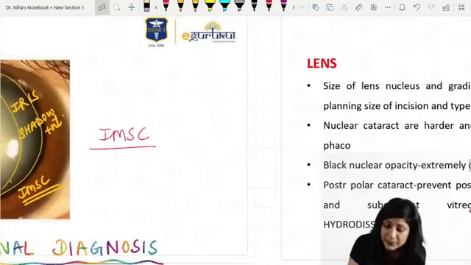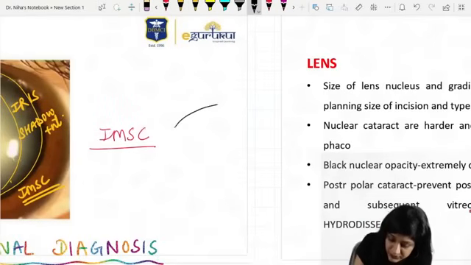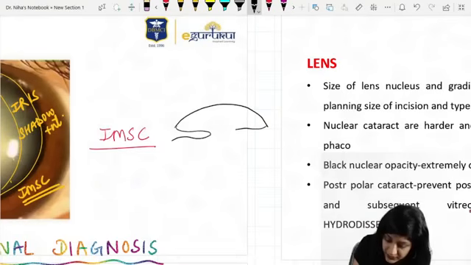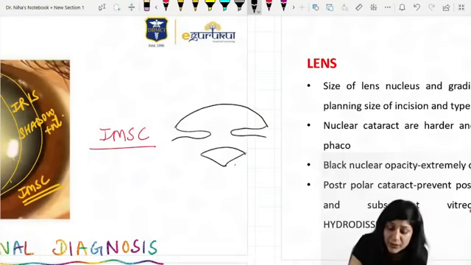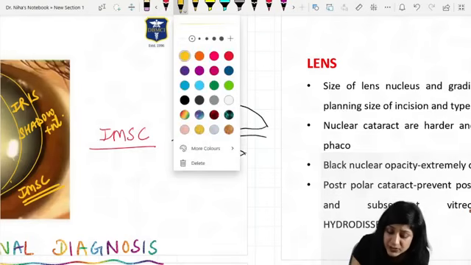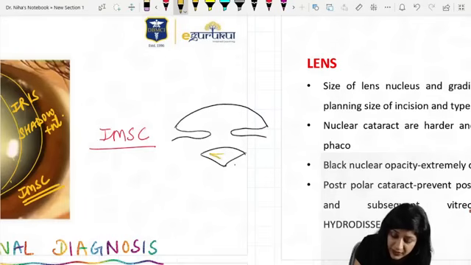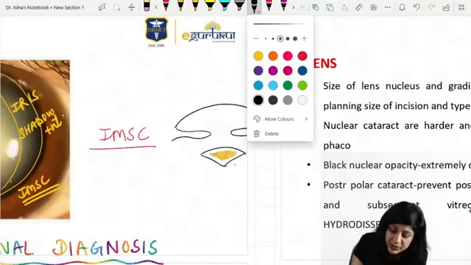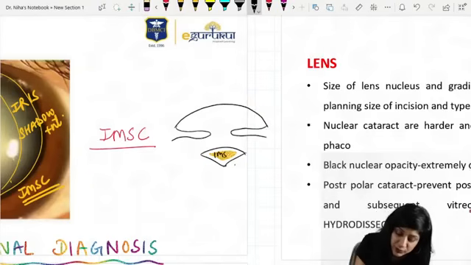Because what happens in the immature cataract, suppose this is the cornea here, and this is the iris, and then this is the lens here. Okay? Now if I have opacity which is still lesser than the whole size of the lens, we are still having the clear cortex and we are having this cataract here in the center. So this cataract is actually the immature senile cataract.